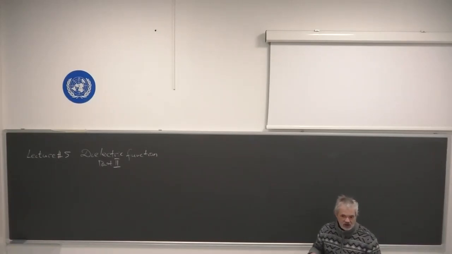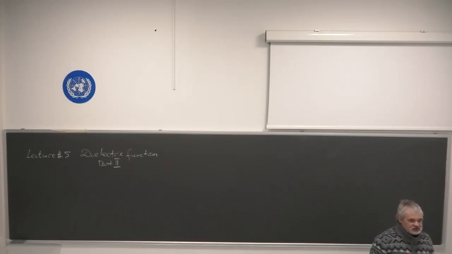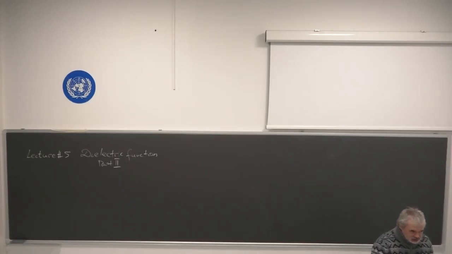But since each atom gives one electron into the conduction band, we have the same number of ions. So atoms are neutral, electrons are negatively charged, therefore ions are positively charged. So in total, our system is completely neutral. So there is a neutrality of the system.